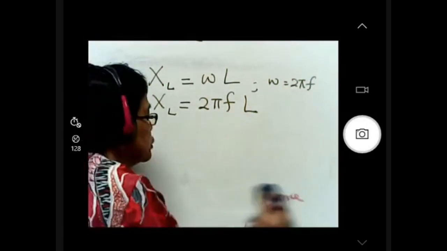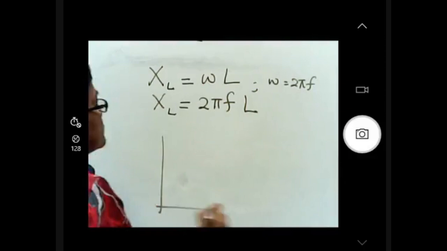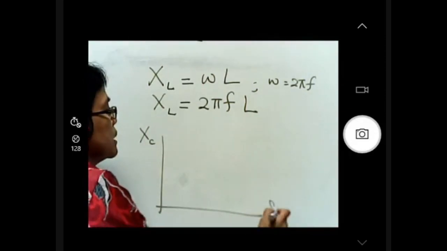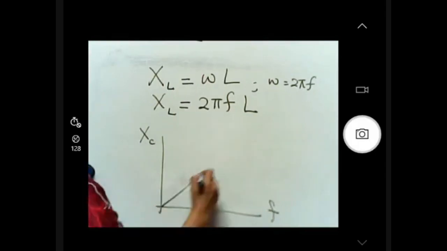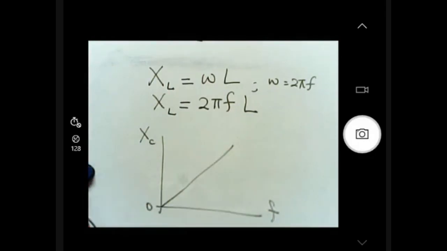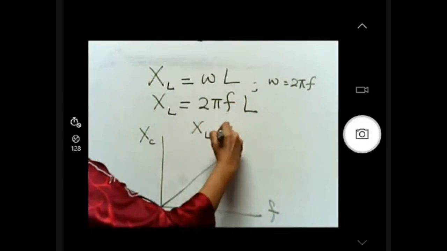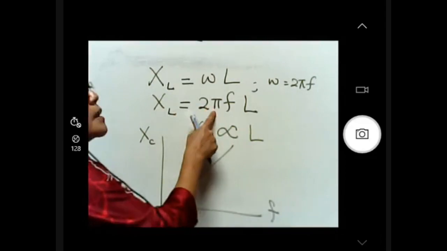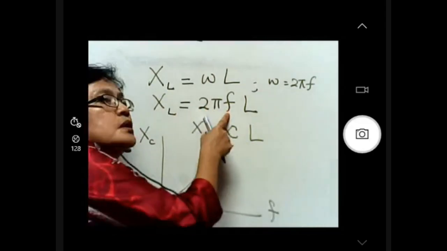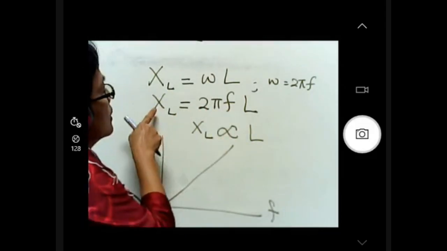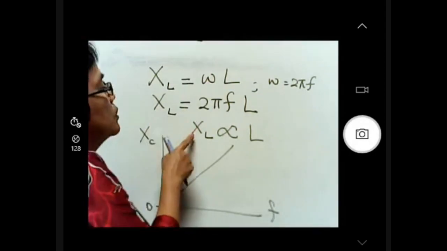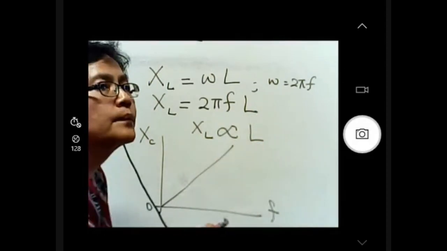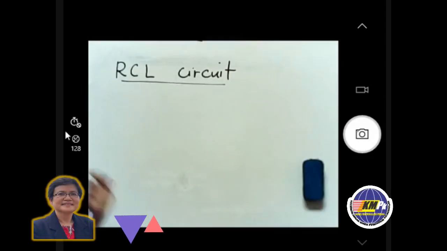If I were to sketch a graph of reactance against frequency, I will get a directly proportional graph, because XL is directly proportional to inductance, since the frequency is a constant. Therefore, reactance of inductor will be directly proportional to the inductance of the circuit. Okay, are you still with me?